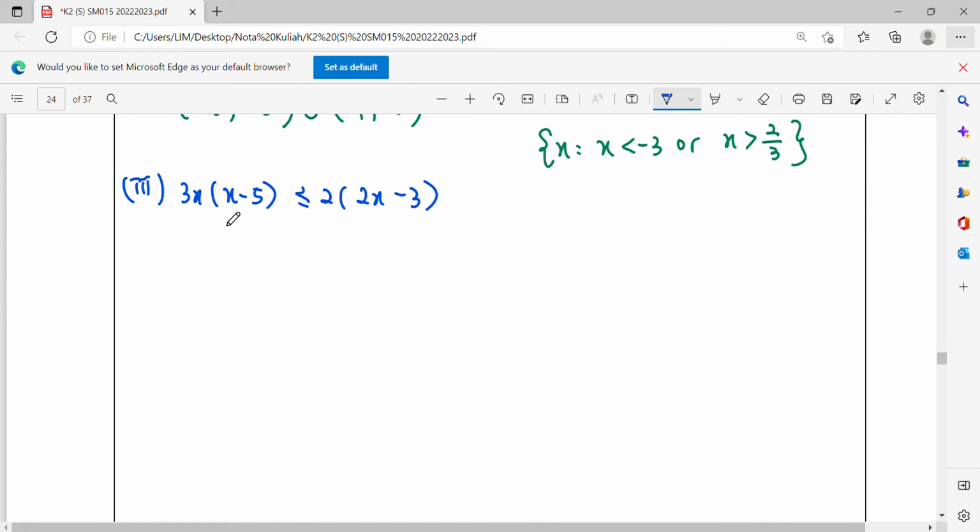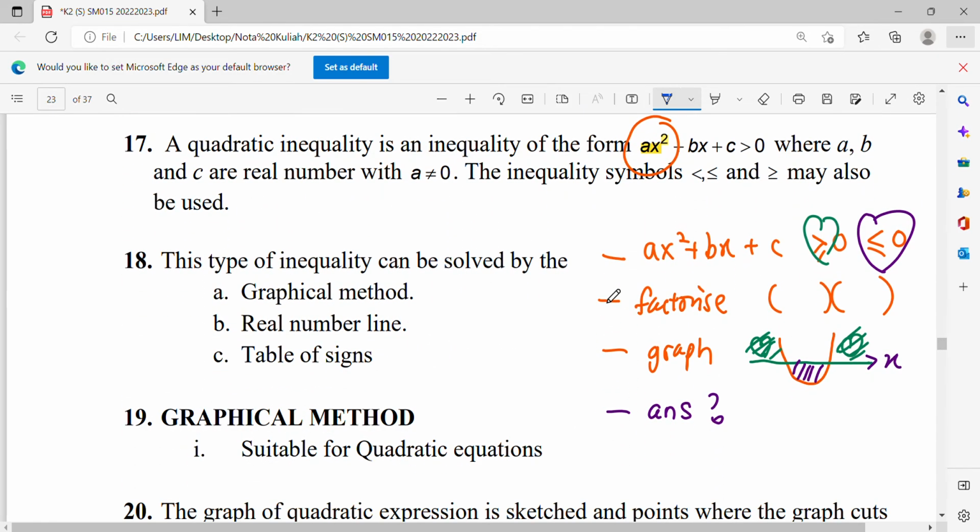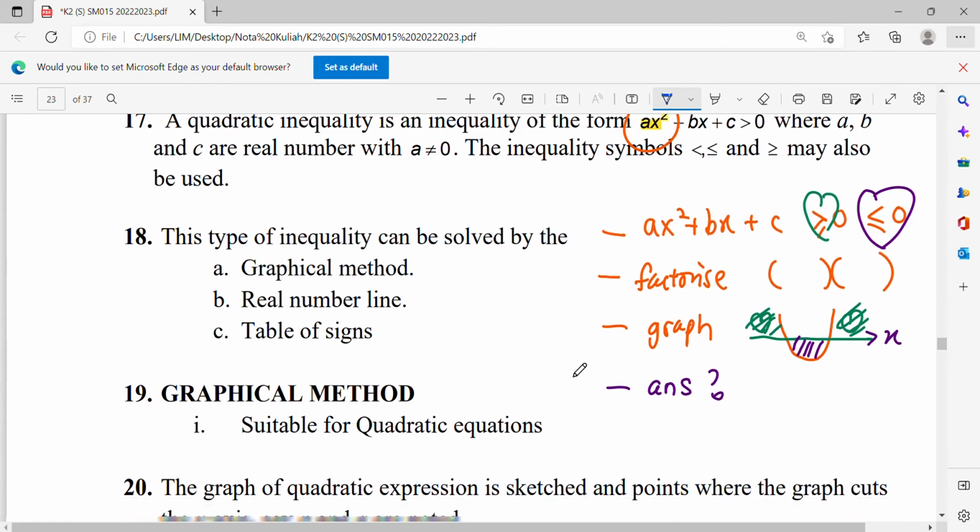So this question is testing you on quadratic inequalities. What we need to do, first step, I do the last review here. First step, rearrange the quadratic. Second step, followed by its factorization. Then we draw the graph and find the region. Where's the region you want to find?